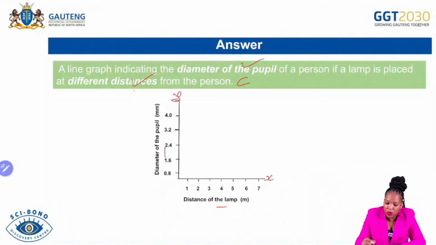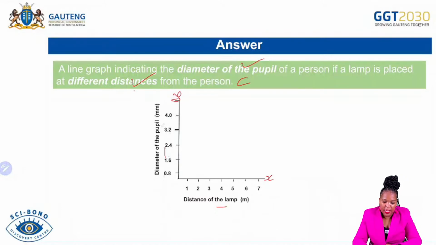So you are only going to choose a scale that is suitable for the data you have, from your lowest number to your highest number. Then you plot your graph. How are you going to plot your graph? For the first one, when it was at 1, what was the reading or the diameter? It was around 0 point here.